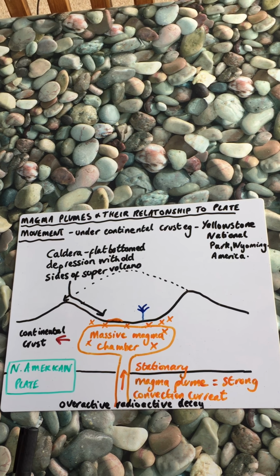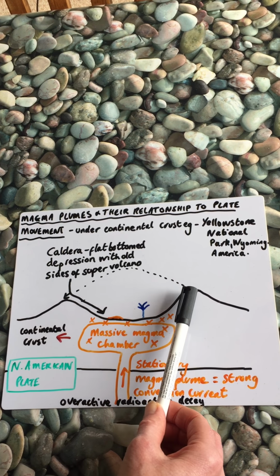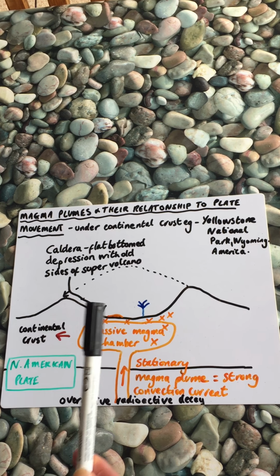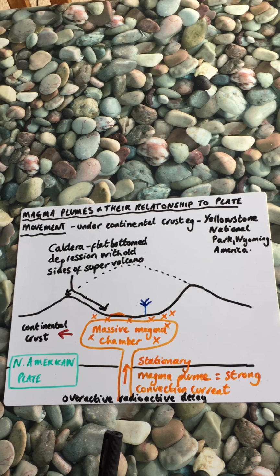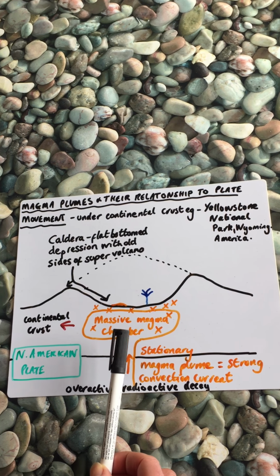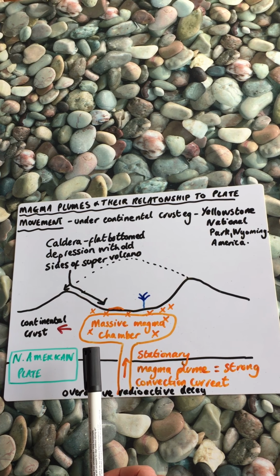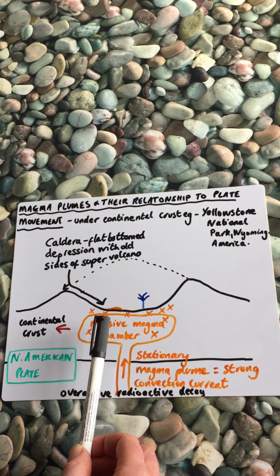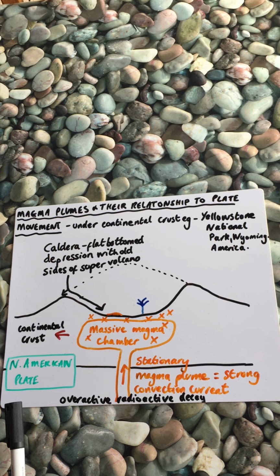Now, to give you some idea of the distance from here to here, if I just check my notes, the dimensions are 51 kilometres this way to this way, and coming out of the whiteboard and going into the whiteboard would be 101 kilometres. So this is a massive volcano. And what happened was, about 540,000 years ago, this magma chamber grew to this size, created a supervolcano, and it exploded.